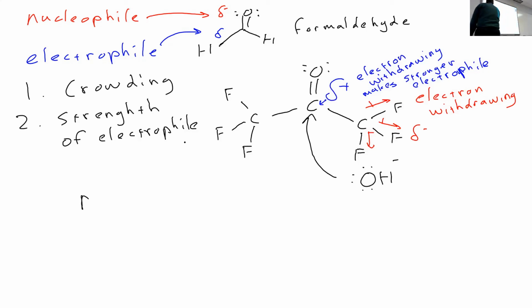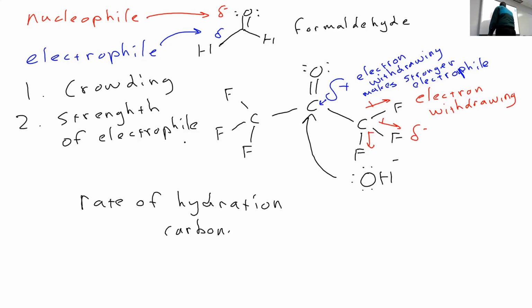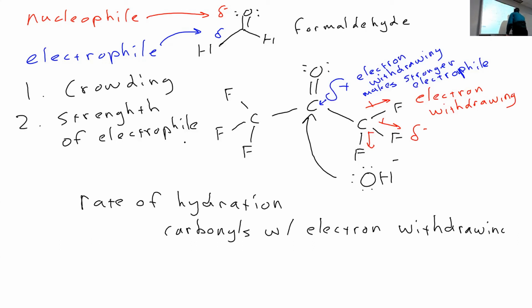So again, if we look at the rate of hydration, we have carbonyls with electron withdrawing groups. Will have a greater rate than our carbonyls without electron withdrawing groups.